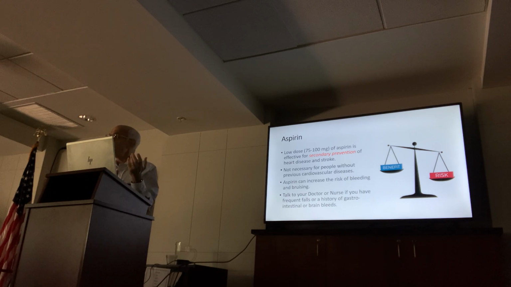If you fall and hit your head, we don't want you to bleed in your head. Or if you have an ulcer or GI bleeding, taking an aspirin can make that worse. So we have to be very careful. That's why I have this little balance here, the scale, because sometimes the benefit is not as much as the risk. So we have to think with our doctors whether or not we should be taking aspirin.